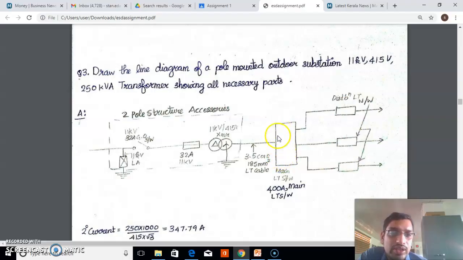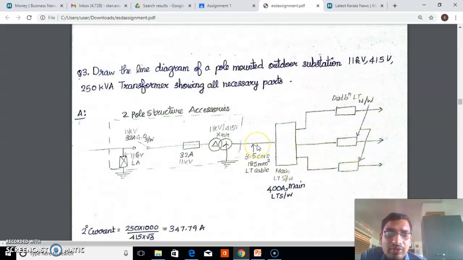From the main bus bar, we take different tappings, or different sub-circuits, to connect individual loads. That is the general outline of an outdoor substation.